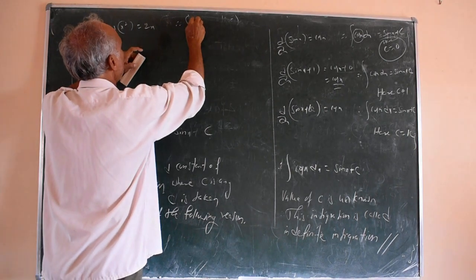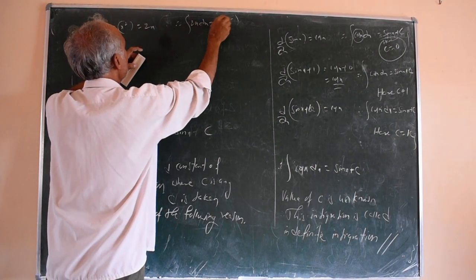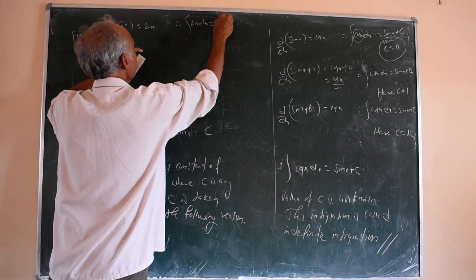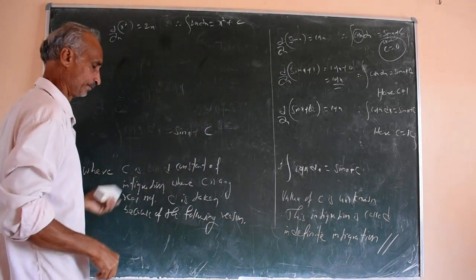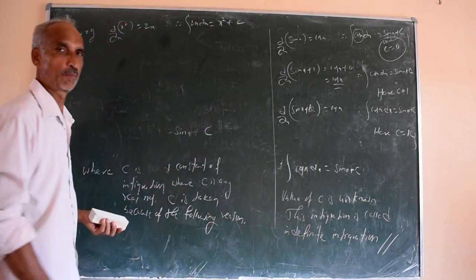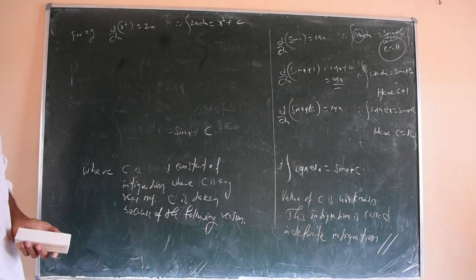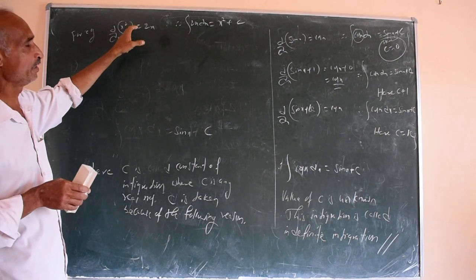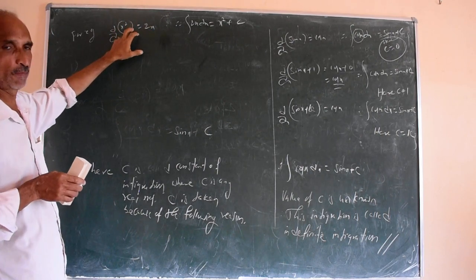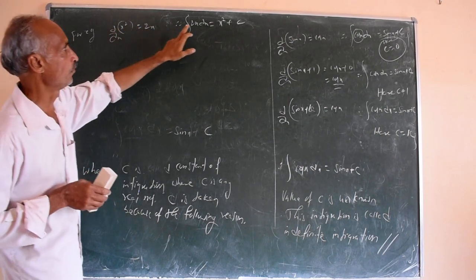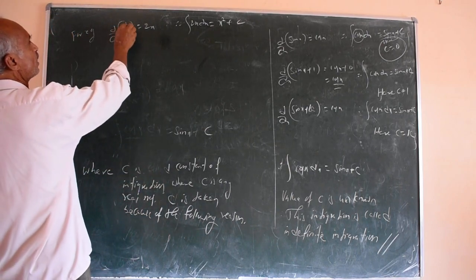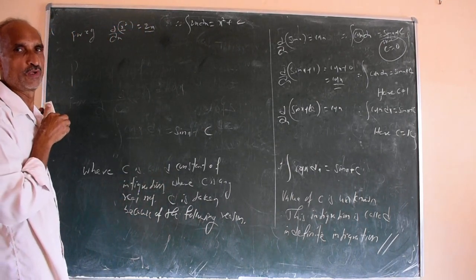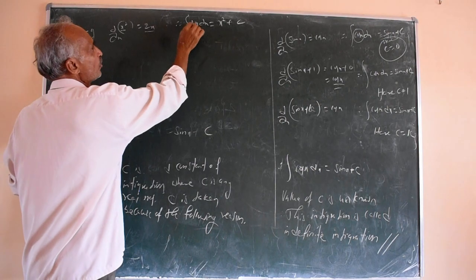Therefore, the integration of 2x dx is x square plus c, where c may be any constant, 0 or 1. The differentiation of x square plus 1 is also 2x, of x square plus 10 is also 2x, and of x square plus pi is 2x too.